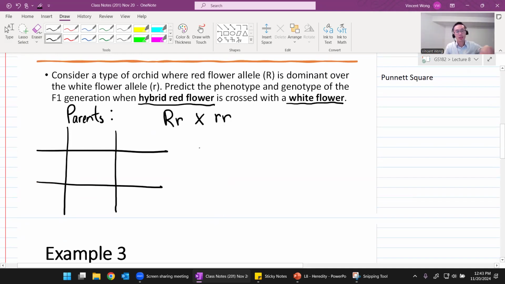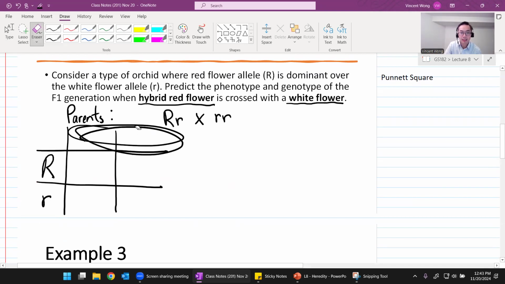The tic-tac-toe. So here, for the hybrid red flower, it has a big R and a small r. So I can put the big R here and the small r here. Again, it doesn't matter if you put it on the side or at the top. It's not going to change the answer. And then for the small r is going to look like that.